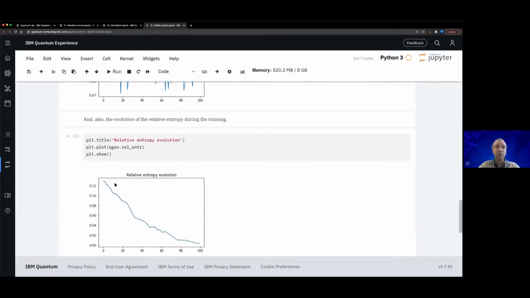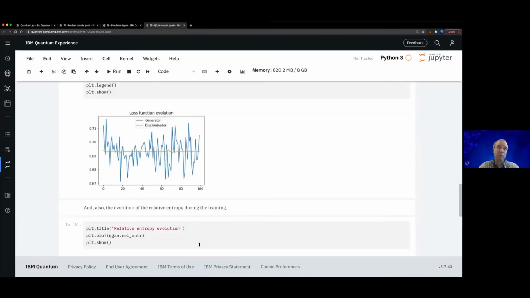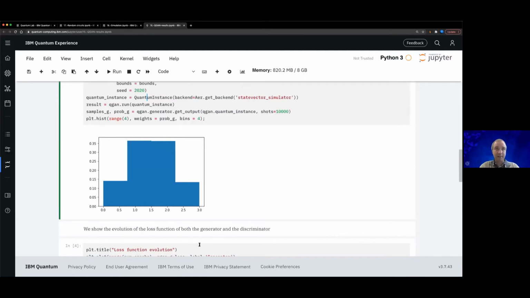And also you see that the relative entropy, which is a measure of the similarity or the distance between the real data and the generated data, is going down steadily until it reaches a value which is close to 0. So this is why this was learned by the model, and we can now use this quantum circuit to sample from this distribution.